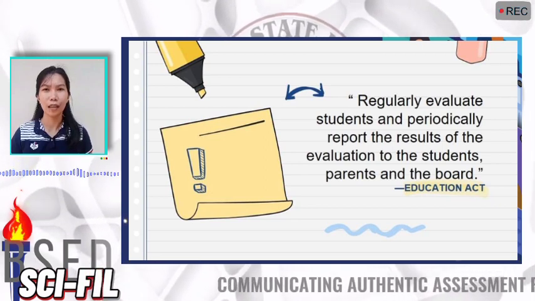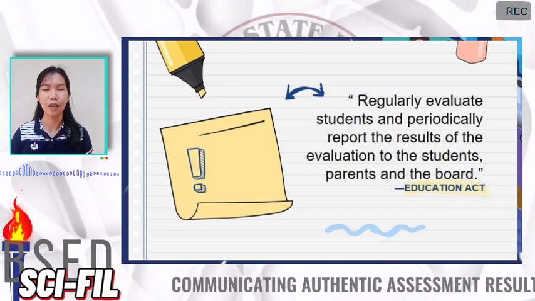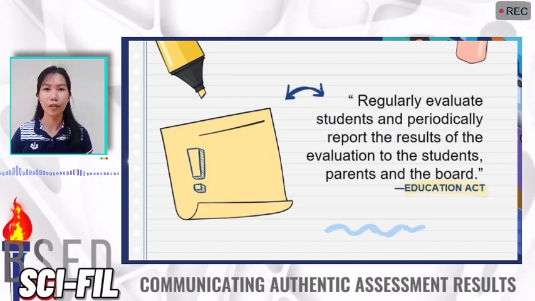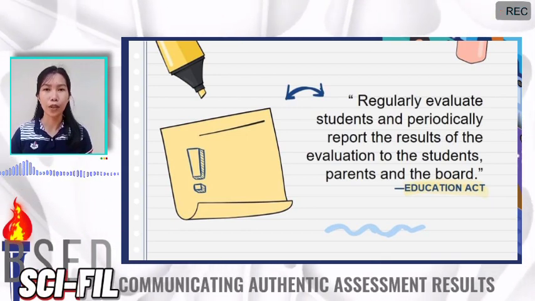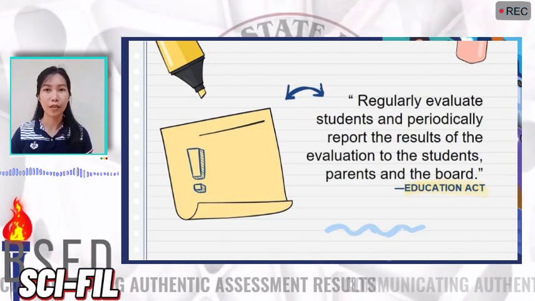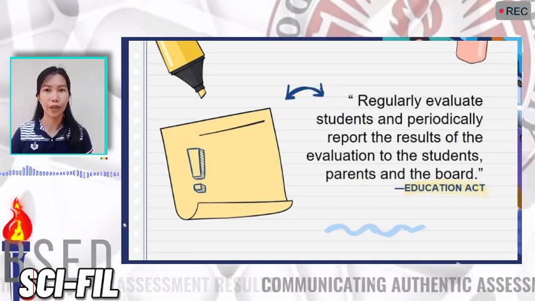According to Education Act Section 196, one of the roles of teacher is to regularly evaluate the students and to periodically report the result of evaluation to students, parents, and the board.